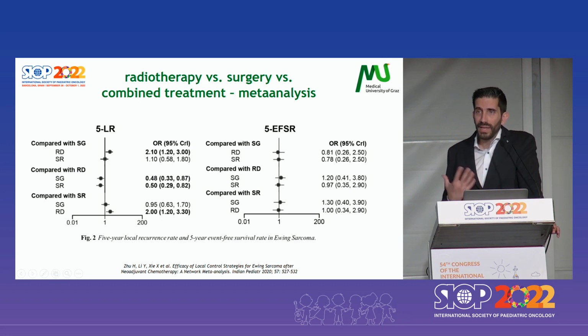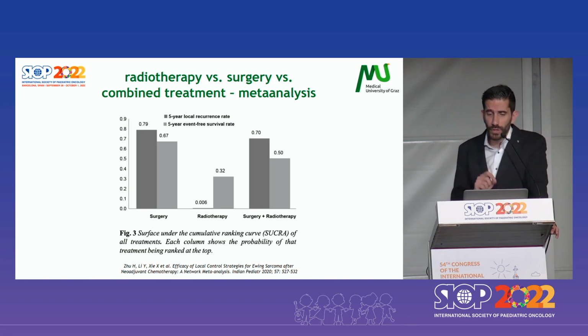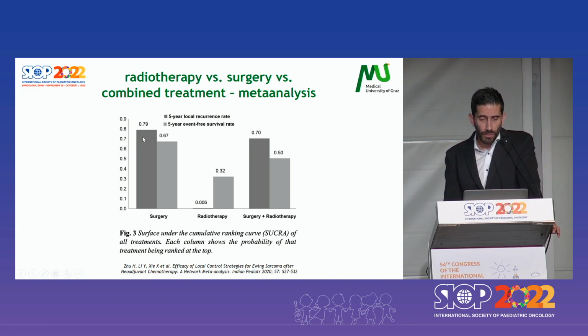Now, this network meta-analysis includes some novel and interesting aspects of statistics, which allowed the authors to calculate the probability each treatment modality would have of being the best for patients with Ewing sarcoma, and the authors found that with the data that they have, surgery alone was most likely the best treatment modality for Ewing sarcoma patients, both in terms of local and systemic disease control, even better compared to surgery and radiotherapy.